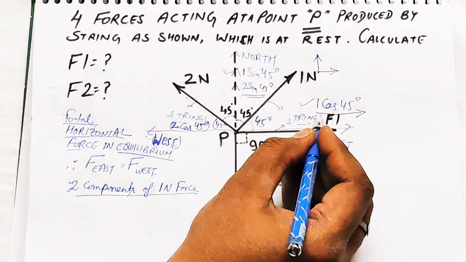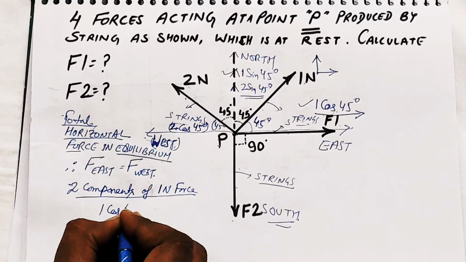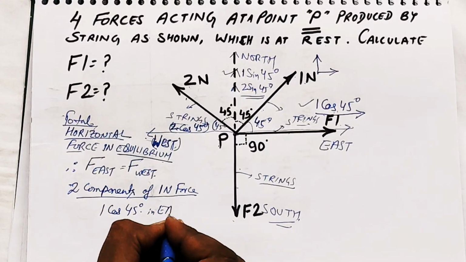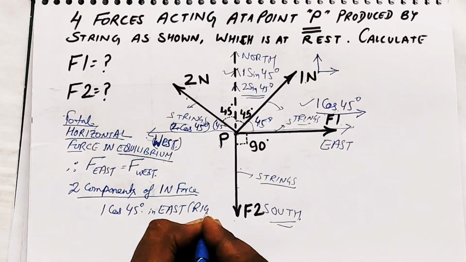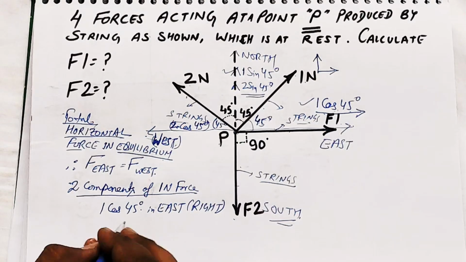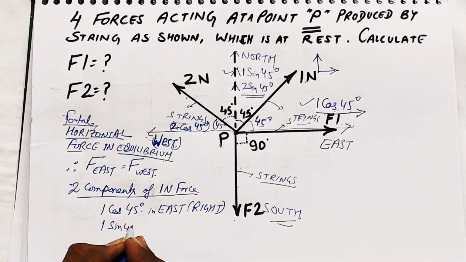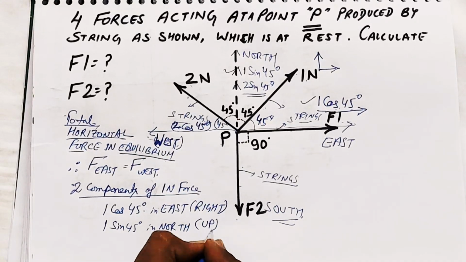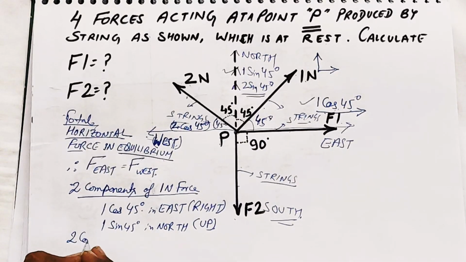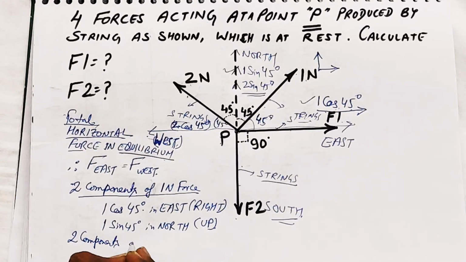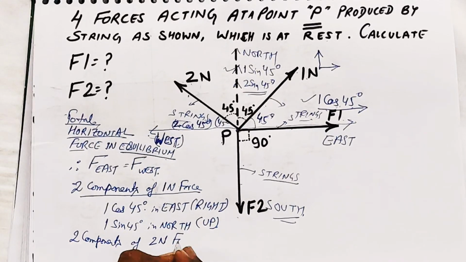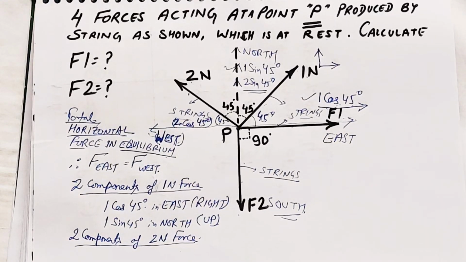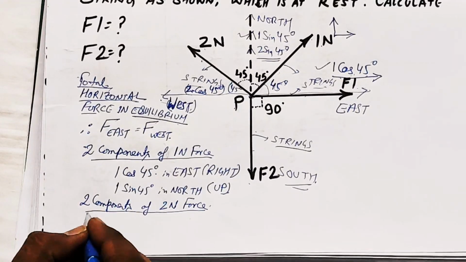So the two components of the 1 Newton force, as derived here, are 1 cos 45 in the east, that is the right hand side from P, and 1 sin 45 in the north direction, that is upward towards plus y. Similarly, the 2 Newton force has two components, 2 cos 45 and 2 sin 45.